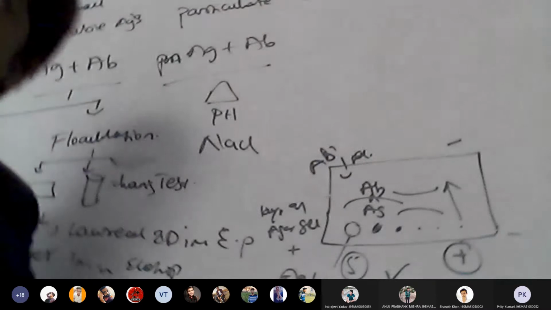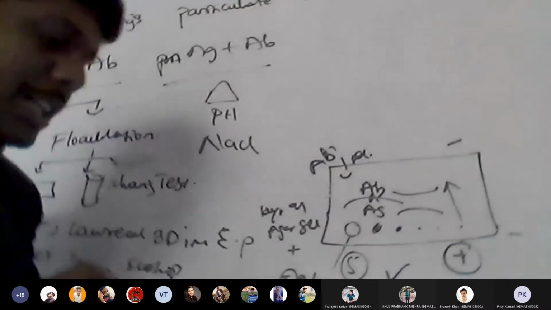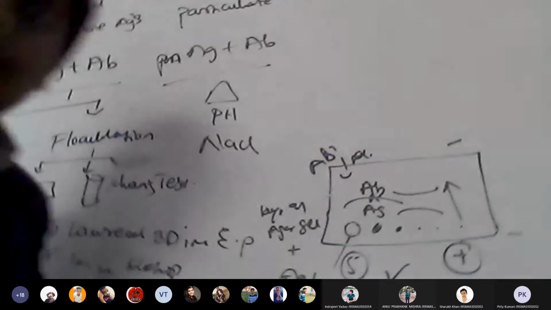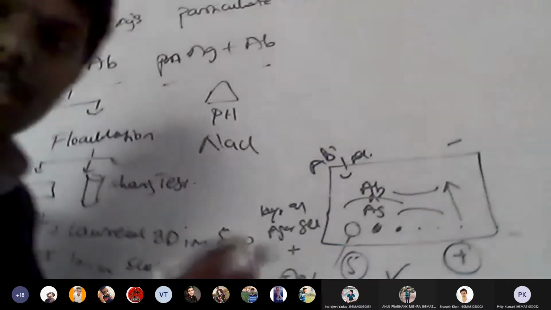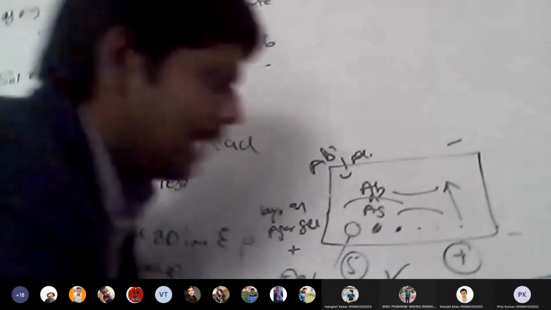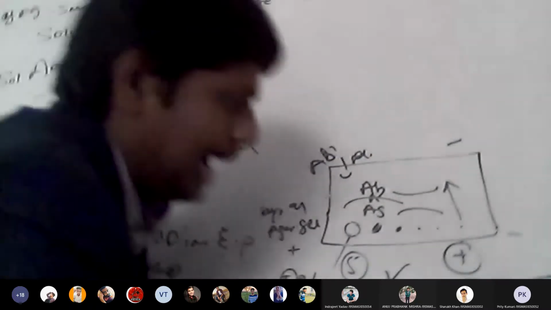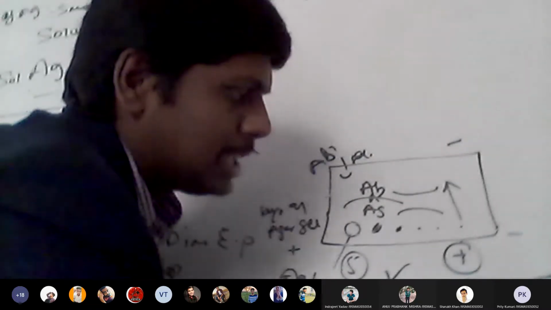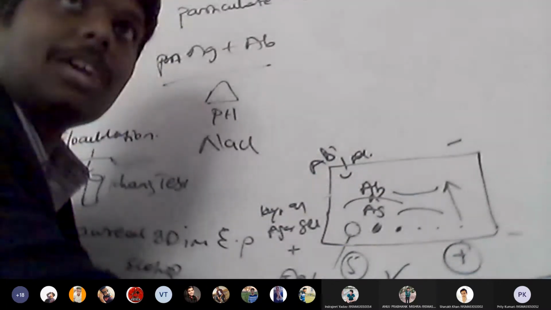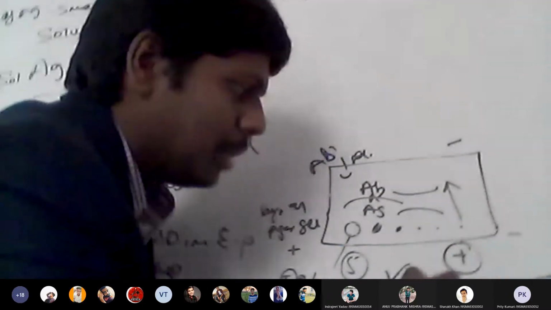Very simple, students. Just give me a second. Listen here. In rocket immunoelectrophoresis, I take a glass slide and keep different patient samples, four patient samples. I take a gel with antibodies already in it.